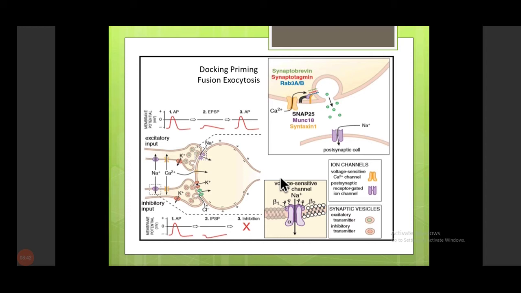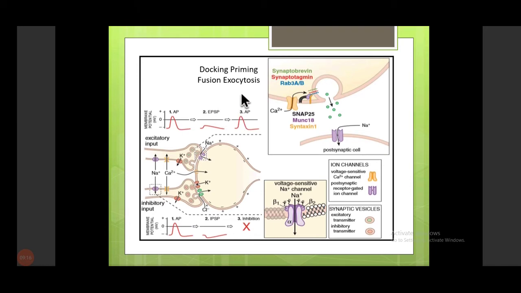Now, to understand briefly how the mechanism occurs. Before an action potential, if an axon conducts an impulse, the propagation of the action potential leads to docking, priming, fusion, and exocytosis of the synaptic vesicle.